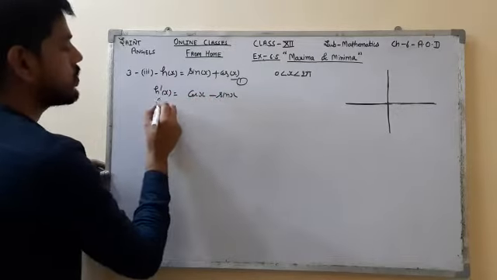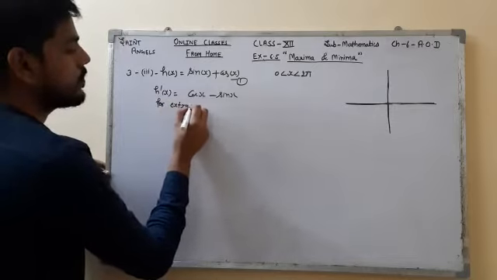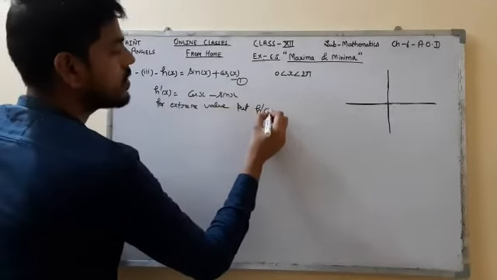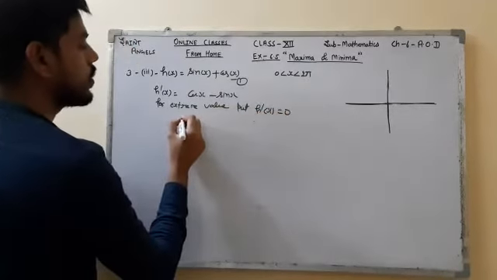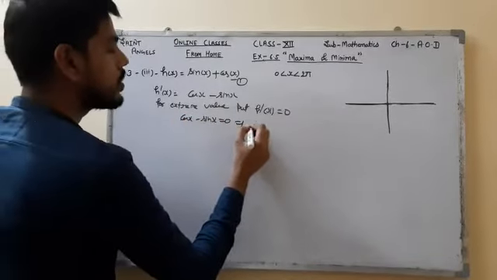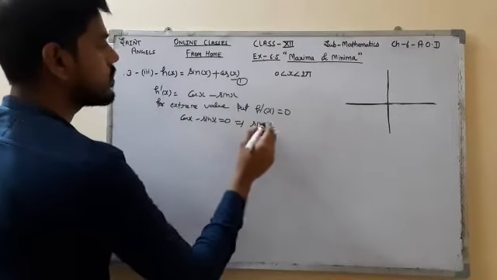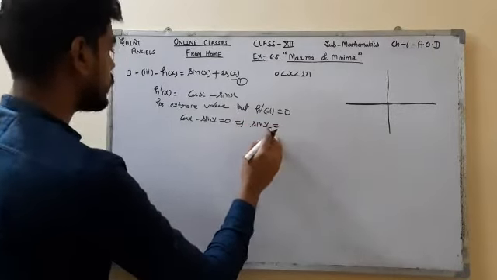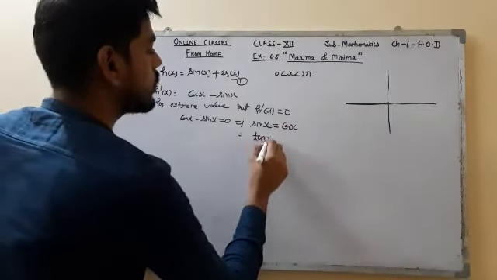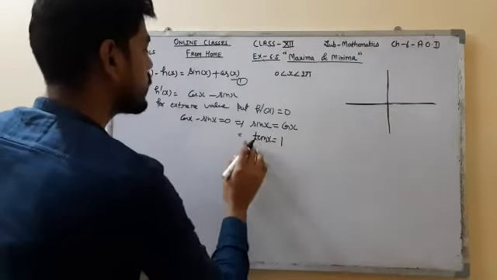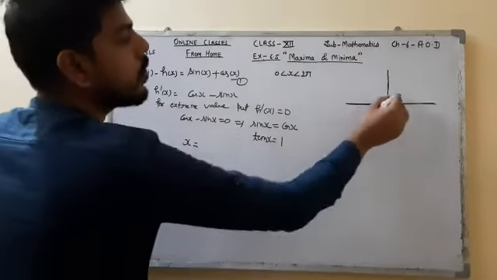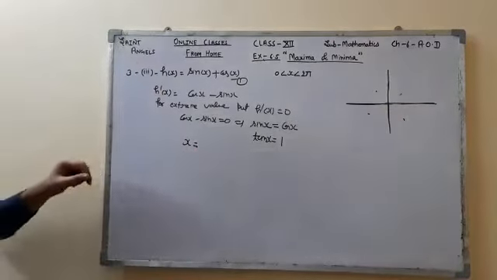For extreme values, put h dash x equals 0. It means cos x minus sin x equals 0, which implies sin x equals cos x, and it will become tan x equals 1. Now we have to choose in all 4 quadrants what values x can take.